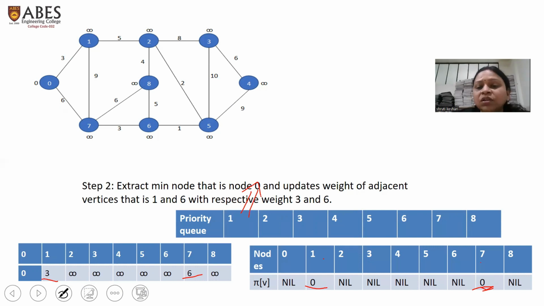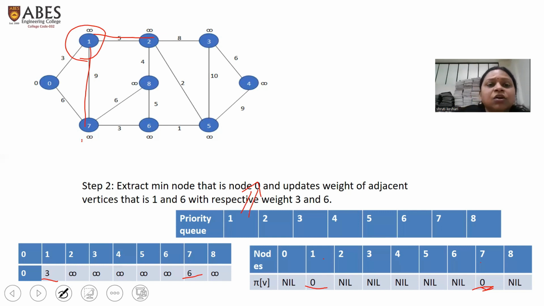Here you have only 8 vertices: 1, 2, 3, 4, 5, 6, 7, and 8. Now, what is the minimum value among these? 3 is the minimum value, so go for vertex 1. Now, from 1, you need to check all the edges starting from it, that is 1 to 2 and 1 to 7. 2 and 7 are both not visited, so you can relax a value if it is less than the cost of 1 plus the weight of the edge u and v.